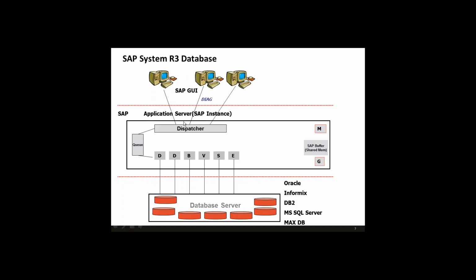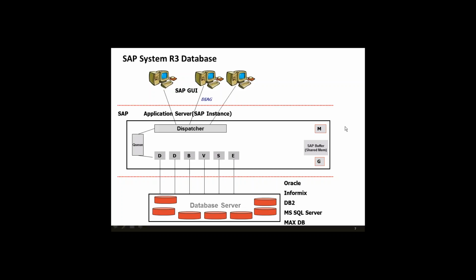From dialog it will go back to the front end user with the help of the dispatcher. So here also you'll have a dialog mechanism, DIAG. Between the dispatcher and SAP GUI you have only dialog work processes working, and between the dispatcher and the database you'll have dialog, update, NQ, spool, everything. So spool will do the print job and update the dispatcher, and the output will be sent back to the user with the help of dialog work processes.